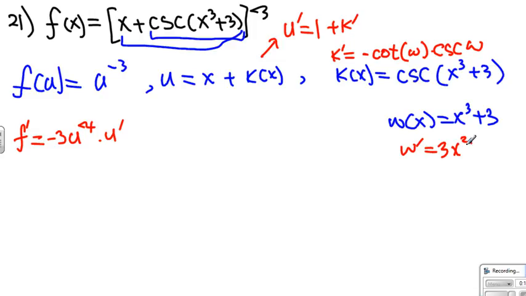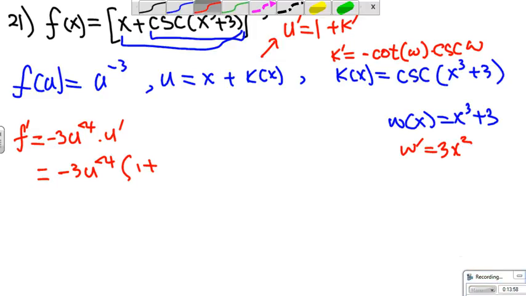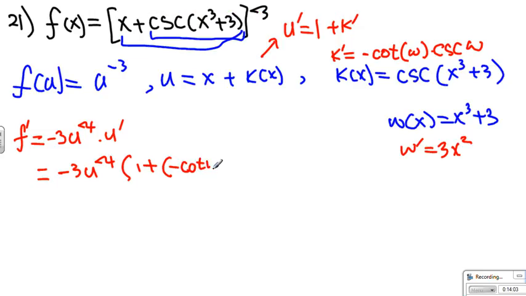Now, the second step would be negative 3 u to the negative 4th power times u prime, which becomes 1 plus k prime. Here k prime becomes minus cotangent w times cosecant w, and we multiply that by w prime. We realize that w prime is 3x squared, but let me just write it as w prime for now.